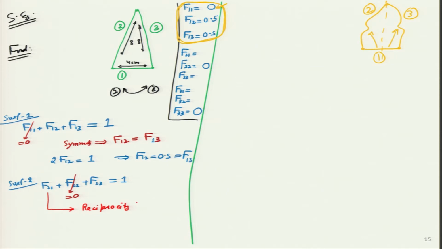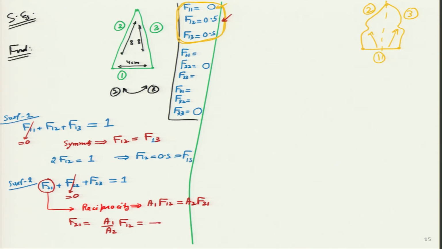If I apply the reciprocity rule, then what do I get? I can directly write A1 F12 equals A2 F21, because please remember, we are interested in finding the value of F21. So, from here F21 is simply A1 by A2 into F12, and the F12 value I already have, which is half.